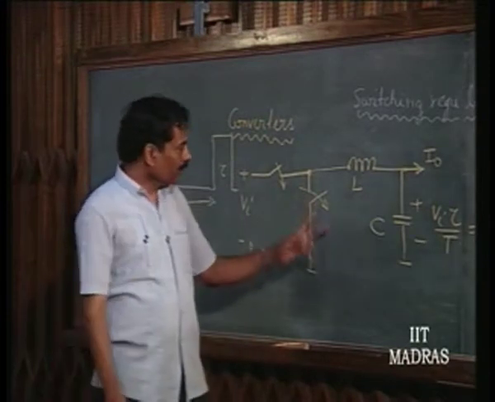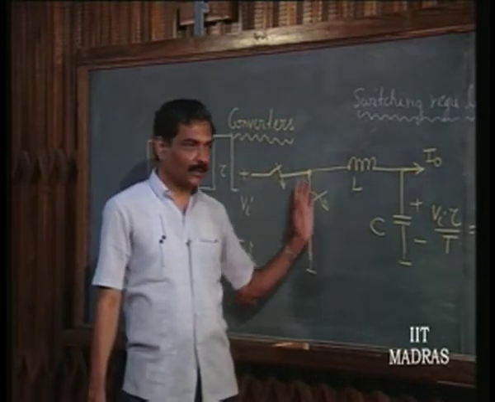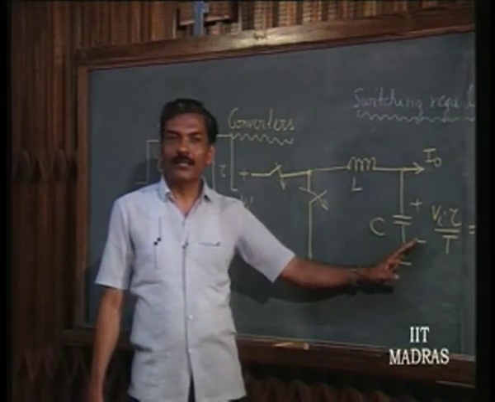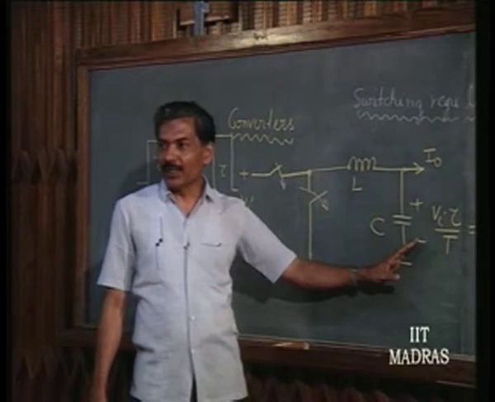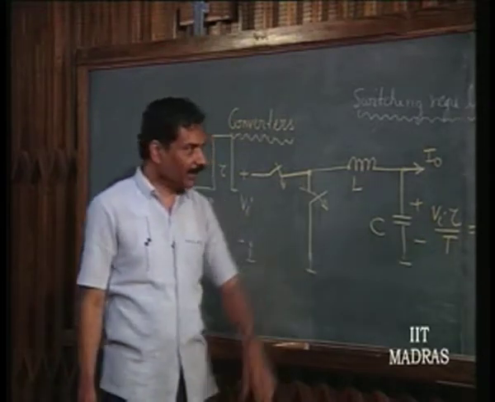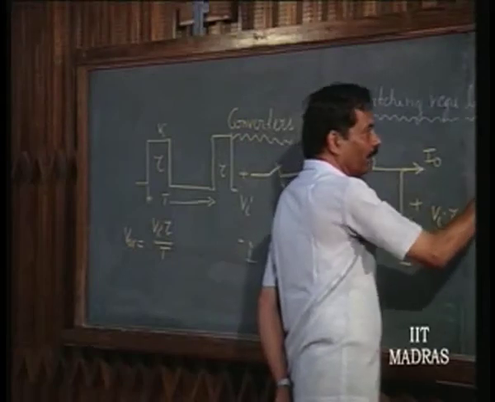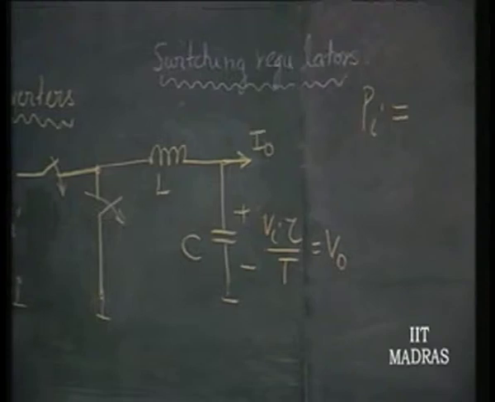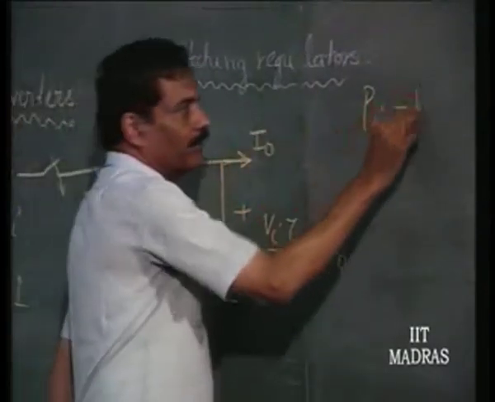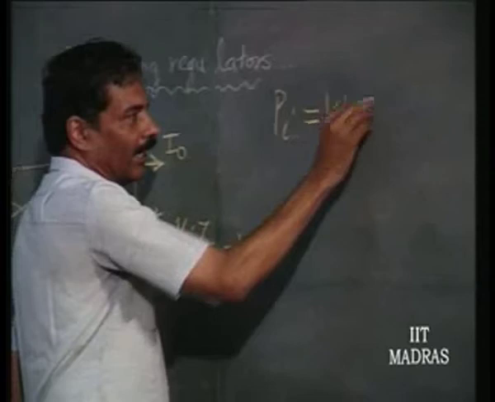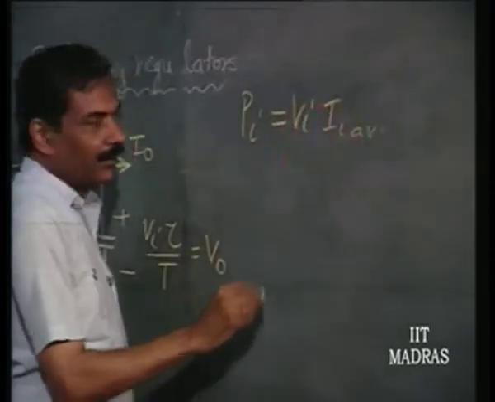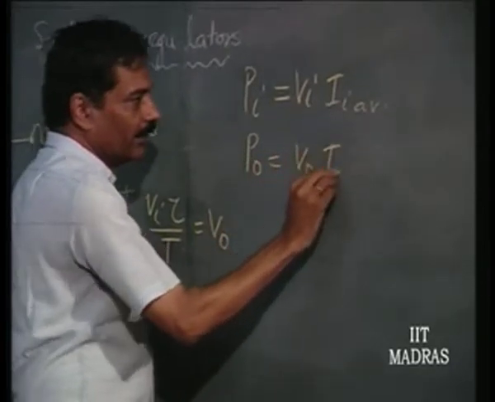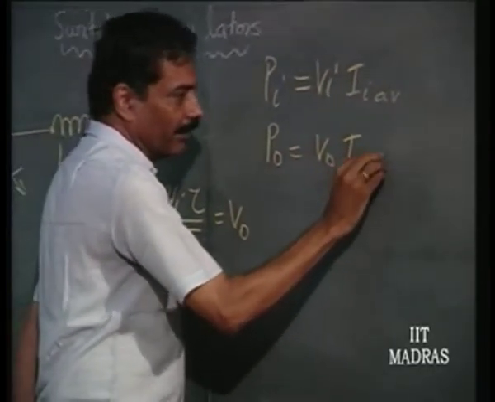Right. The places where dissipations occur, you have to again keep note of, so as to see how far it is going to be close to 100% efficiency. In this case, obviously input power is going to be Vi into II average. Output power is going to be V naught into I naught average, right.